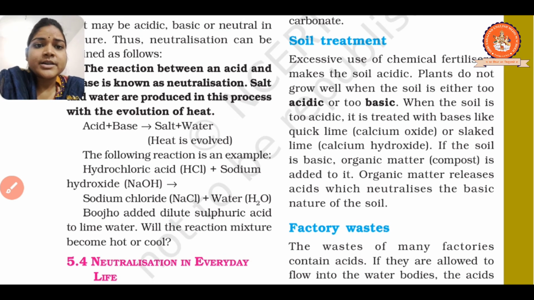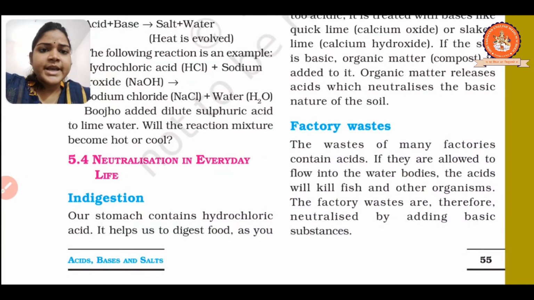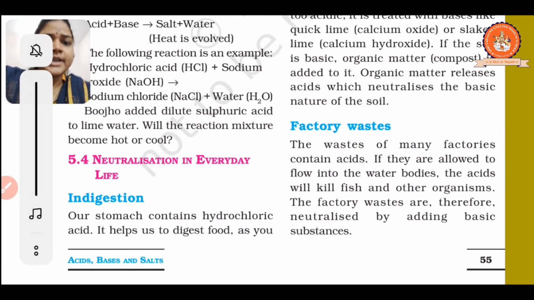Here the reaction is: acid plus base gives salt plus water. For example, hydrochloric acid taken as the acid and sodium hydroxide taken as the base give sodium chloride.